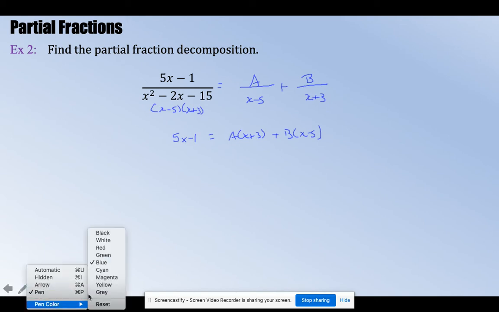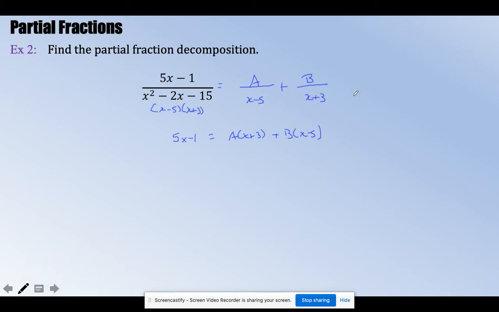Of all the x's in all the world, I think I will let x be -3. Who does that terminate? Bye-bye. Repeat.